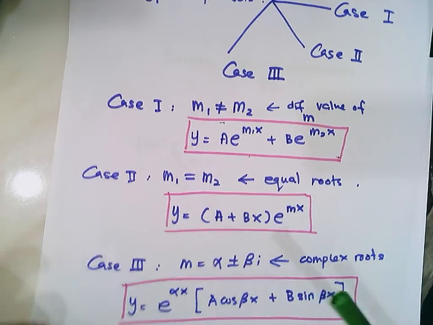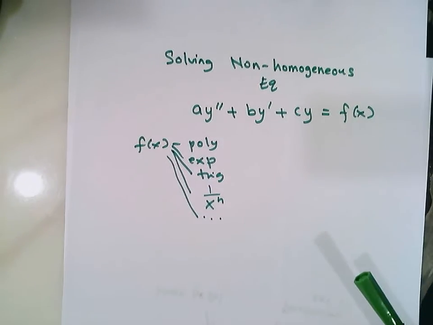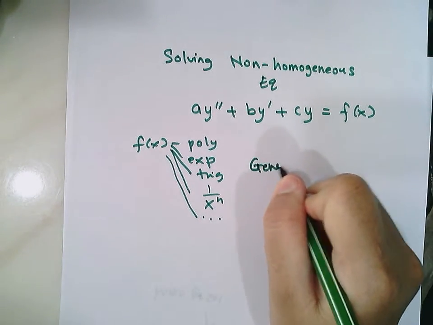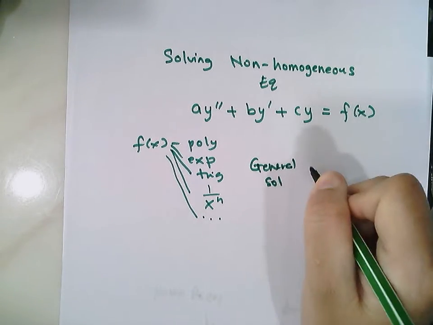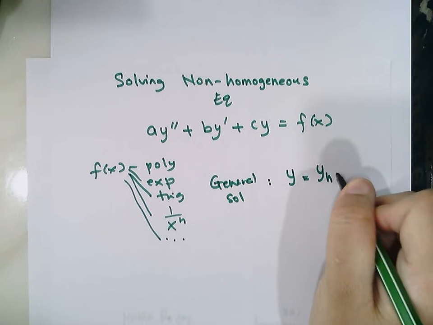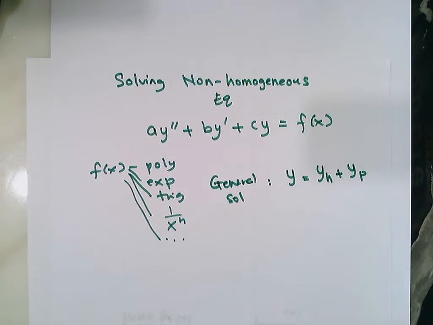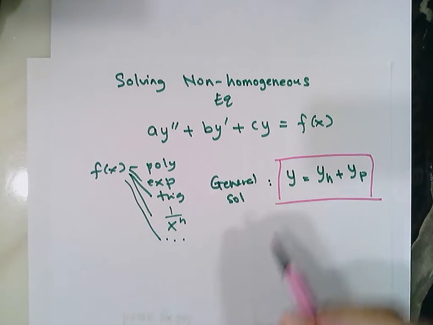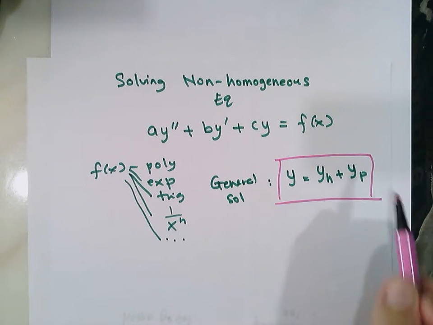But for non-homogeneous equation, your general solution is defined as y is equals to yh plus yp. So this is your general solution for non-homogeneous equation.